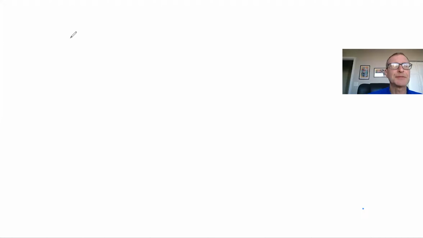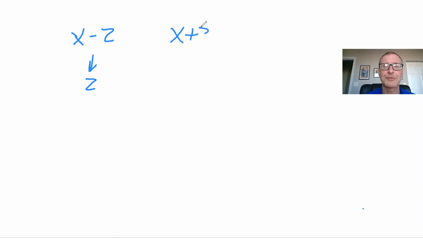The one thing about synthetic division, though, is that the only time you can use it is when what we're dividing by is a linear factor, meaning the zero is a linear zero. So this is linear: x minus 2, that would be a zero of 2, or x plus 3, that would be a zero of minus 3, et cetera. You can't use synthetic division if, for example, we had x squared plus 4.